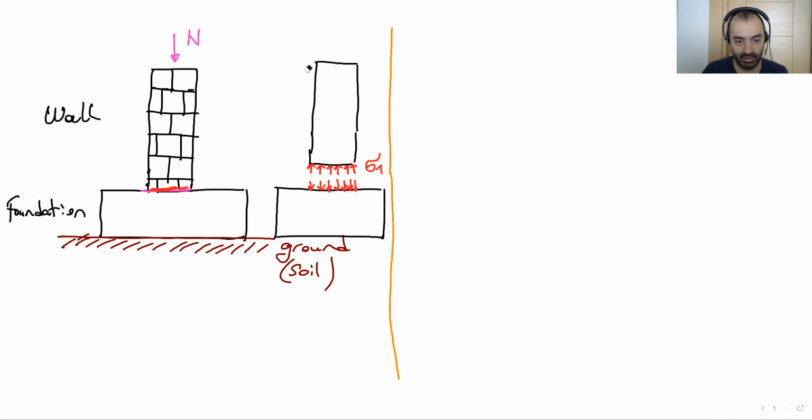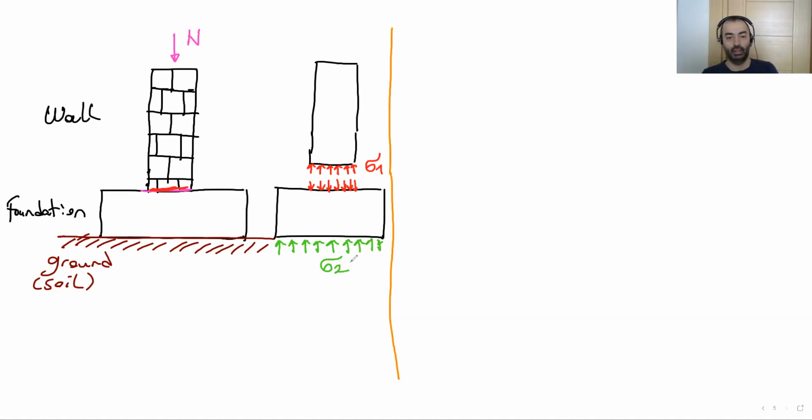Here, by the way, let me clear this part. And right here. Okay. Now, what I'm gonna see here on the ground, I will see sigma 2.